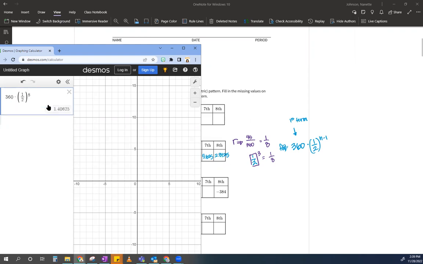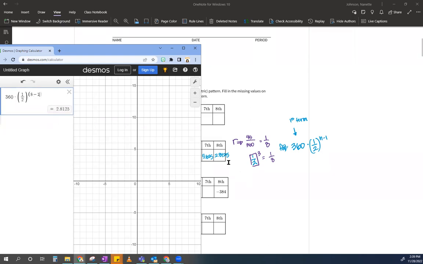So to the 8th, and I should get this number here. Oh, I forgot my -1. Let me put parentheses around my exponent, n minus 1.